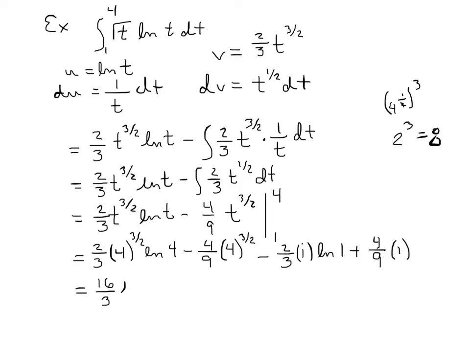So 16/3 natural log of 4 minus, and then we get 4 times 8. So that's 32/9 right there. Natural log of 1 is 0, so that term goes away, plus 4/9. And combine those terms, 16/3 natural log of 4 minus 32 plus 4, that would be 28.